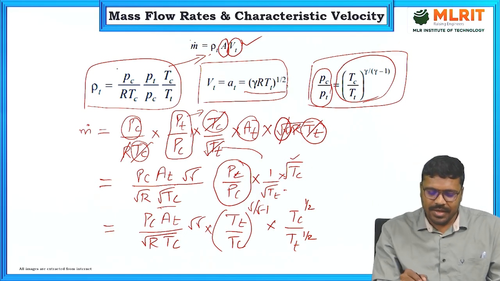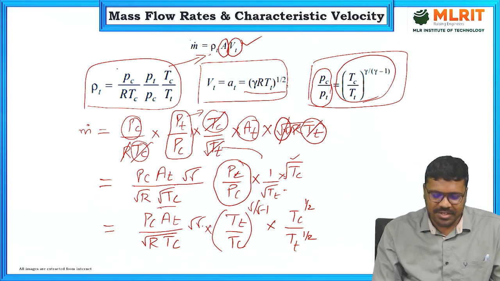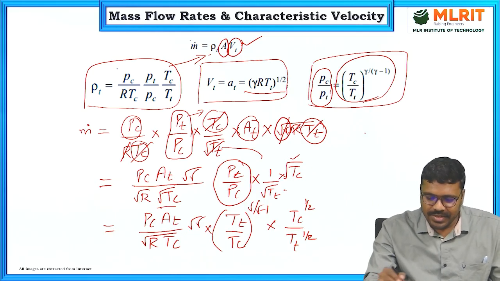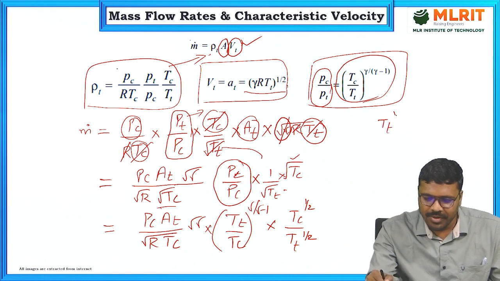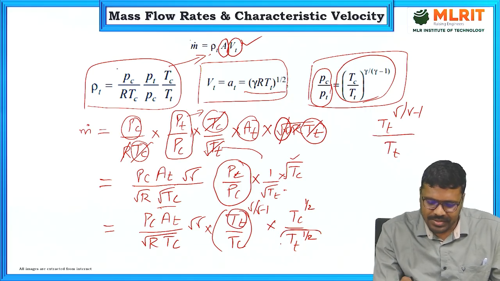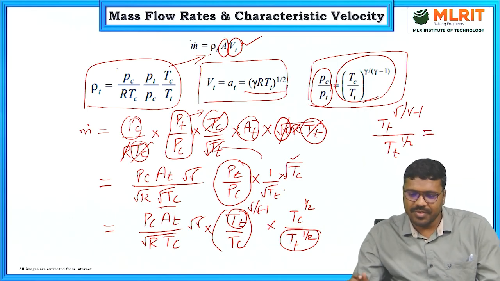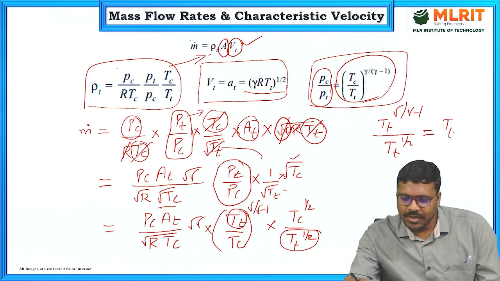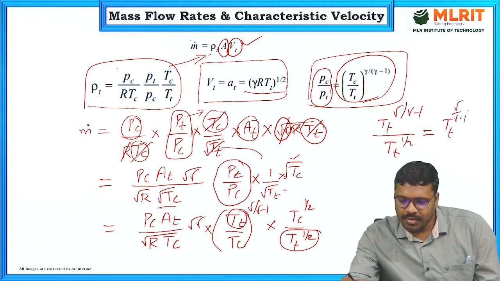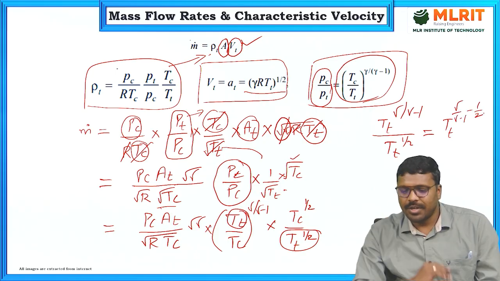Here if you simplify, Tt power gamma by gamma minus 1 divided by Tt power 1 by 2 will become Tt power gamma by gamma minus 1 minus 1 by 2.